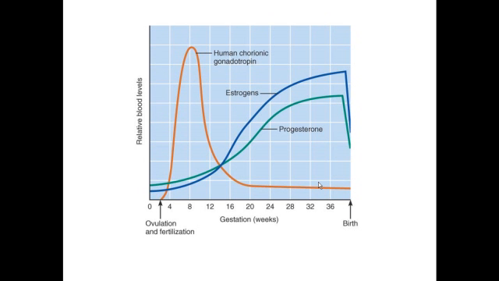In the GI system, if there's slowed motility or movement of food through the GI system, this can result in indigestion if the food's not moving out of the stomach as quickly, and it can result in constipation if the food isn't moving through the intestine as thoroughly or quickly.